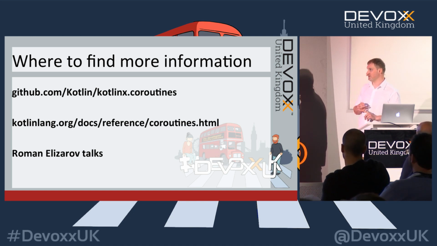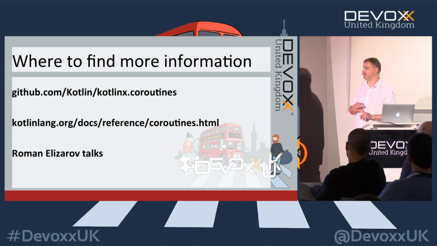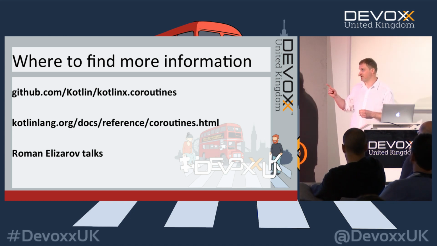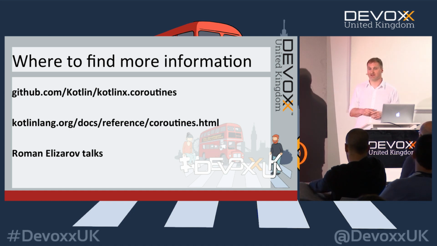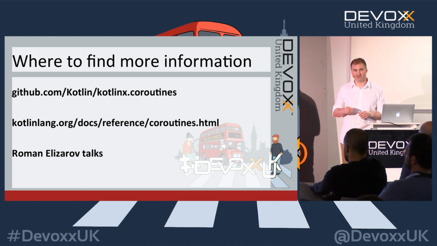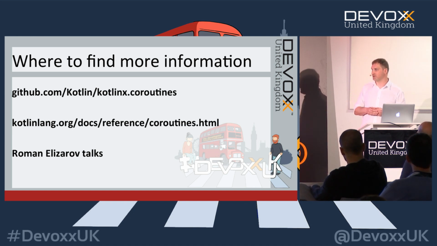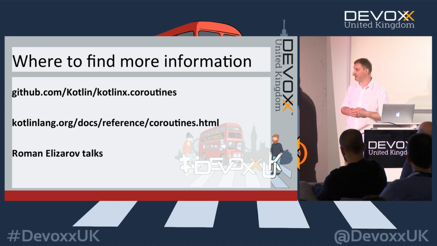The other website you can have a look at is the official Kotlin language reference, where you can find some information too. And there's a guy, Roman Elizarov, the main designer of Kotlin coroutines. You can Google his talks. There are a number of different talks, the basic ones or the advanced ones, where you can learn more about coroutines.